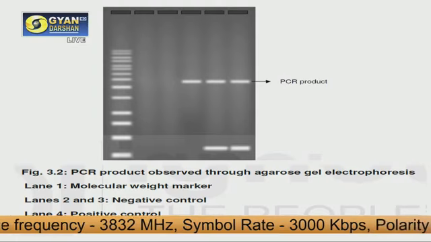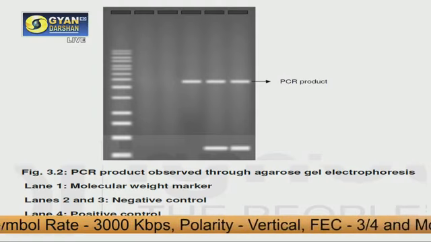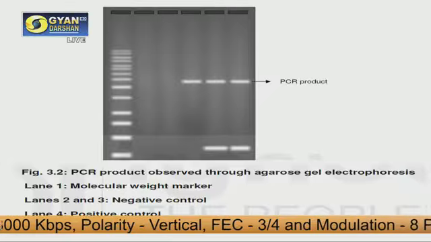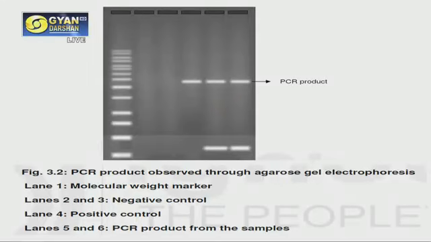And lane number 1, that is the molecular weight marker against which you can check the size of the amplified product, whether you have got the proper amplified product or not, because each gene has a particular length, base pair. So how will you understand whether the proper gene has been amplified or not? It should have a specific molecular weight or base pair, which you can compare against the standard molecular weight marker, which you have loaded in lane number 1. So that is how your experiment is complete.